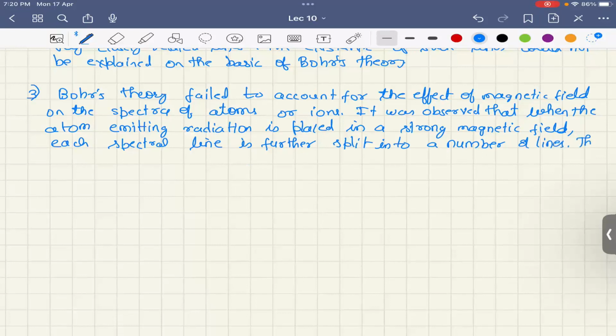And this phenomenon is known as Zeeman effect. So it could not explain the Zeeman effect.